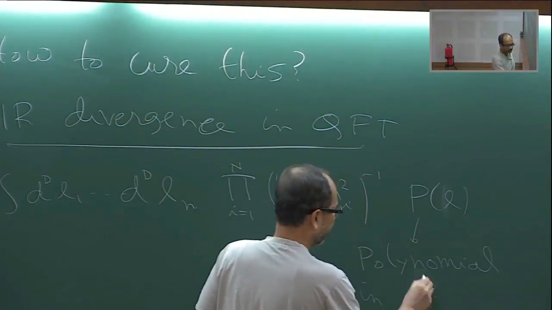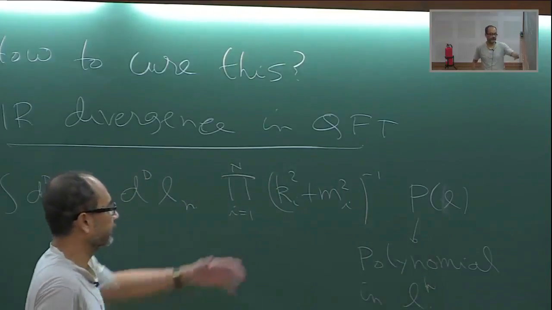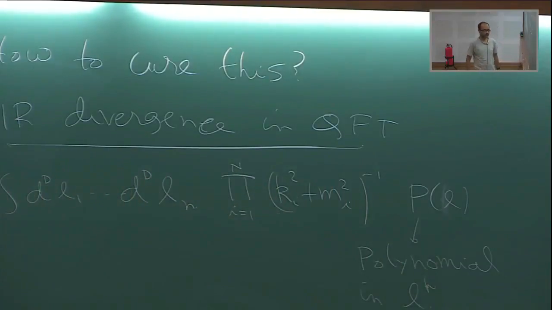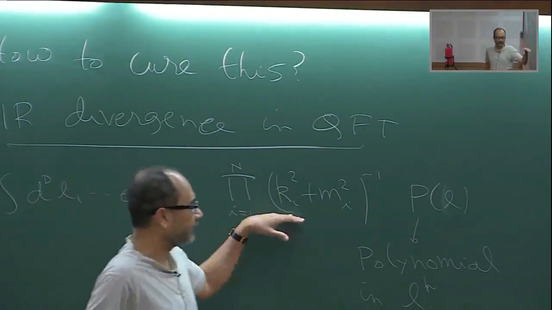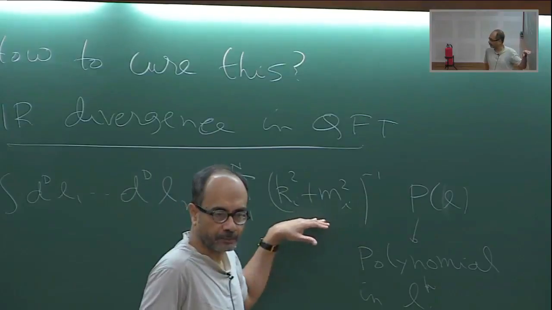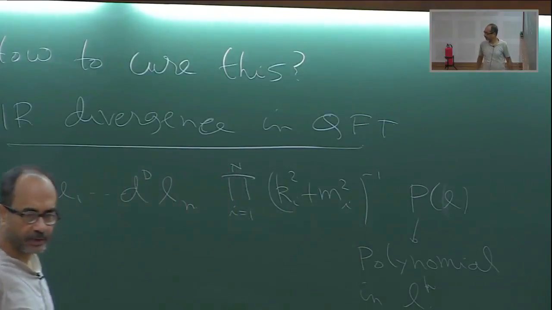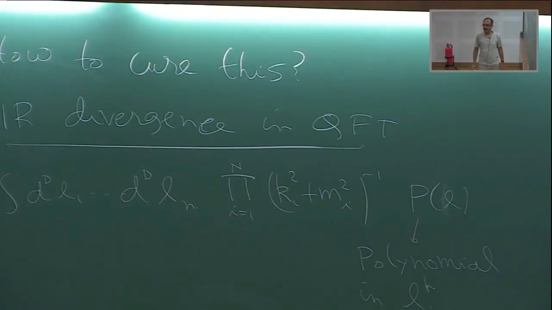These could come either from the vertices or from the numerator of the propagators and so on. I'll assume throughout that we are using Feynman type gauge so that the poles in the propagator are always of this kind. There are no other kinds of poles that we'd encounter in either Coulomb gauge or axial gauge, for example.